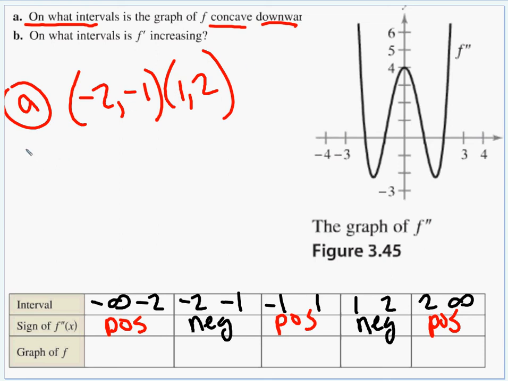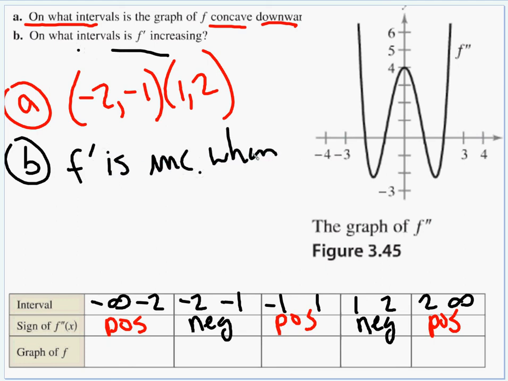Now for me, it's this part B. Originally, it was the hardest to wrap my head around. And this might be the most concise way to say it. They're asking, when is f prime increasing? F prime is increasing when the original f of x is concave up.